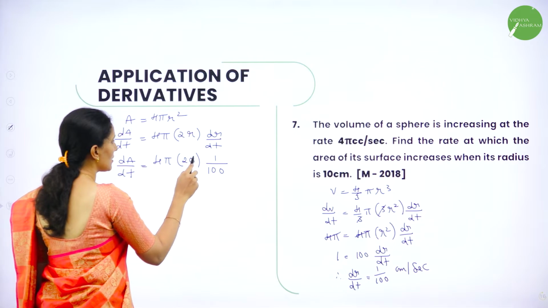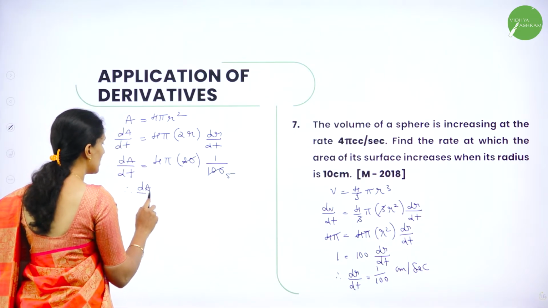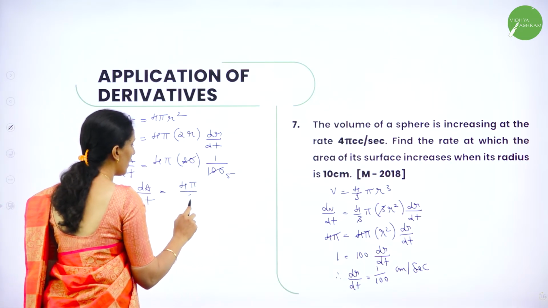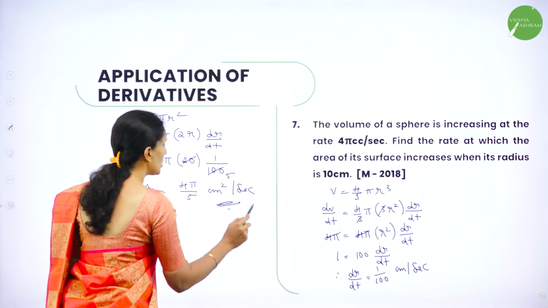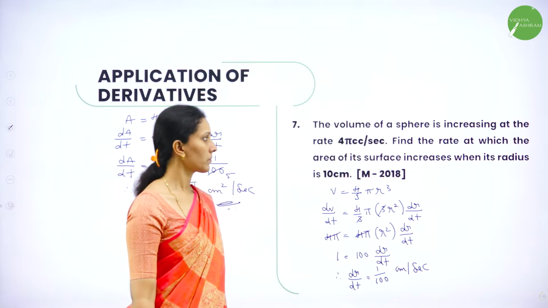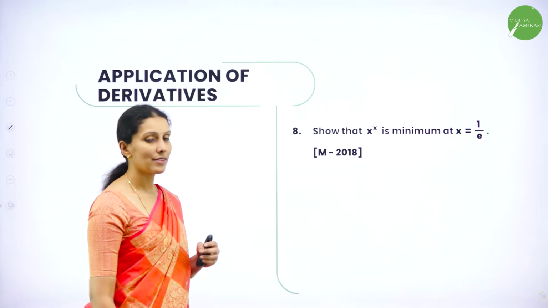So here we can cancel, 2 ones are 2, 5 twos are 10. Therefore the change in area, dA by dt, can be written as 4 pi by 5 centimeter square per second. So this is the change in area whenever the radius is 10 centimeter. Next one, show that x to the power x is minimum at x equal to 1 by e.